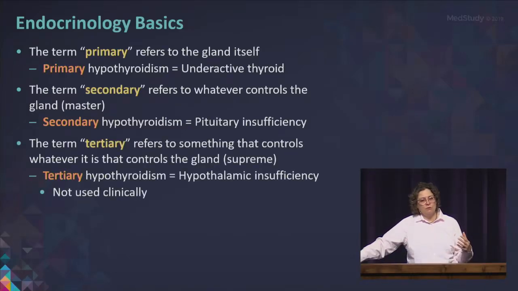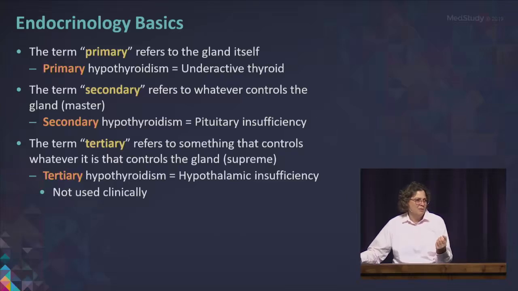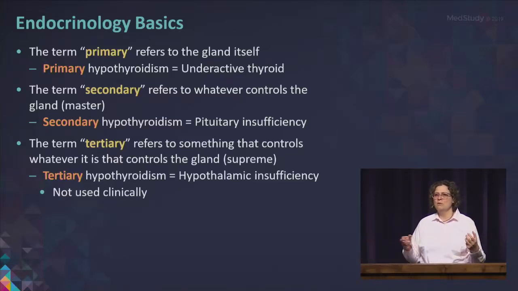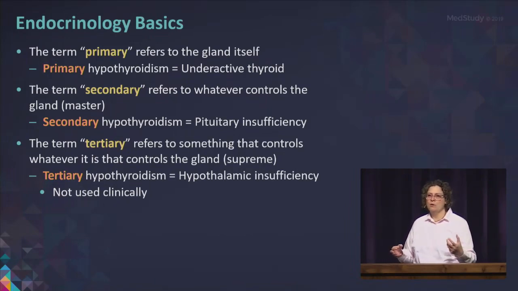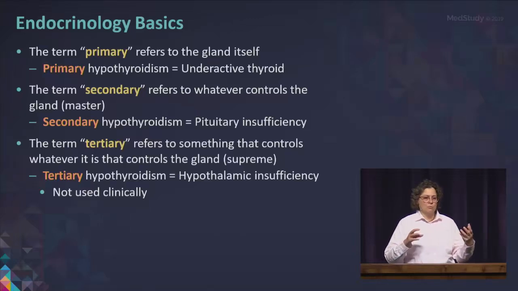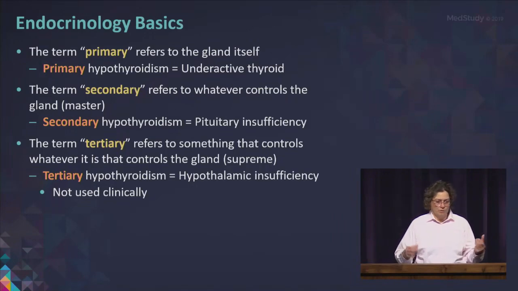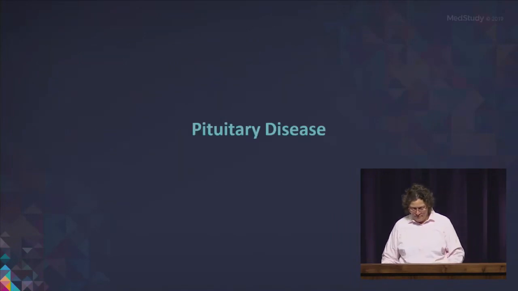Versus tertiary, it refers to the supreme gland, what controls the entire axis. It is hypothalamic control. But when you talk about clinical context or board context, we very rarely use the terminology of tertiary because we can't really assess for those hormones. We can't really check for those peptides. So for boards and clinical practice, it's very important to understand the difference between primary and secondary disease, but tertiary is not very important to understand.